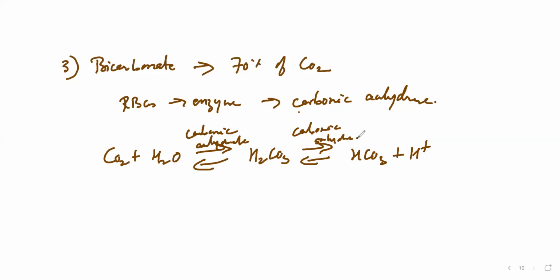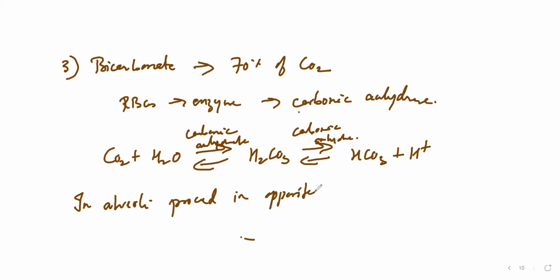Okay, so when this bicarbonate reaches your lung, that is the alveoli, at that time this particular reaction will proceed in the opposite direction. Means when this reaches the alveoli, the above reaction which I have written is going to proceed in the opposite direction.